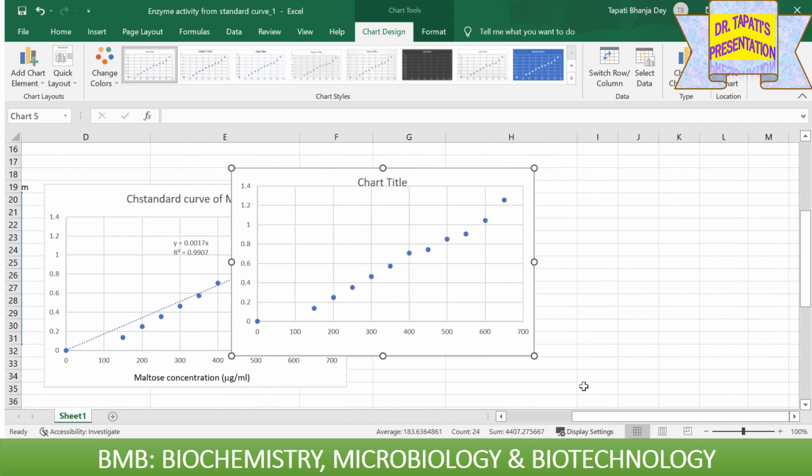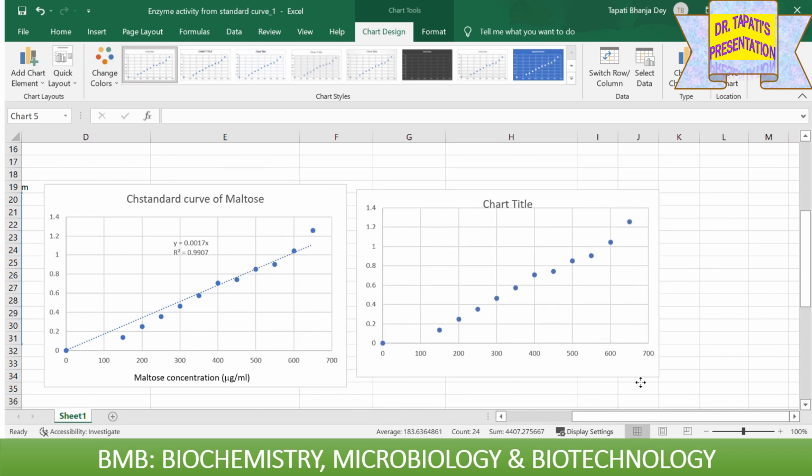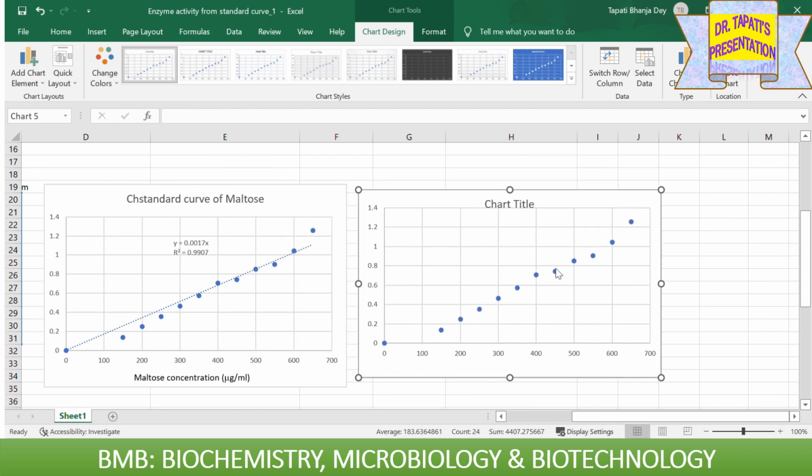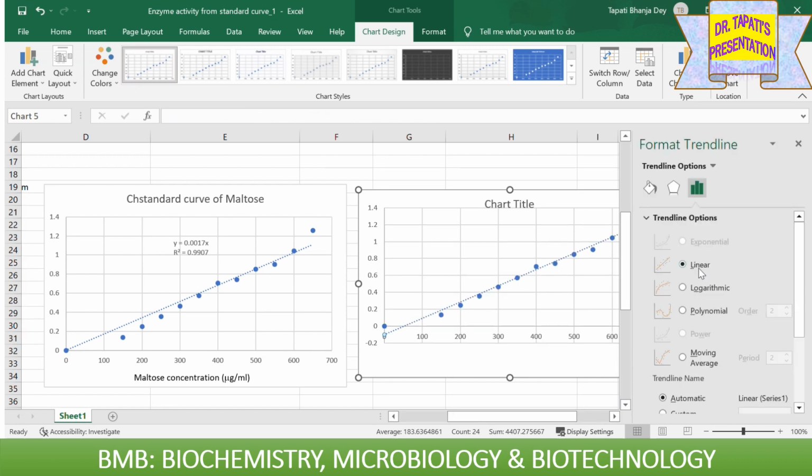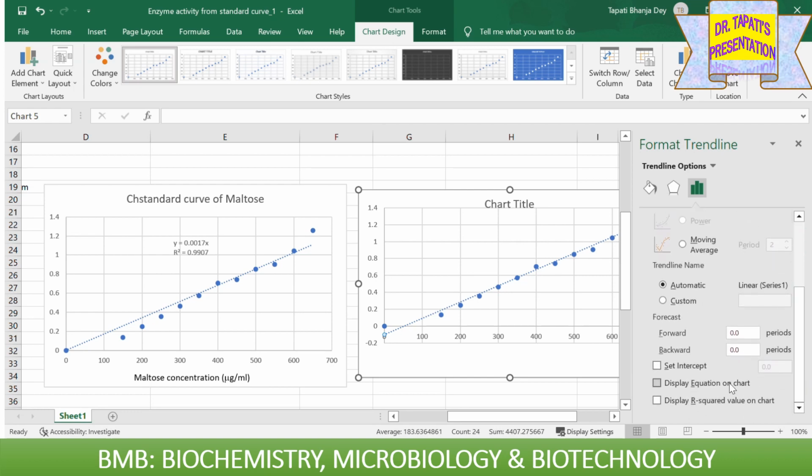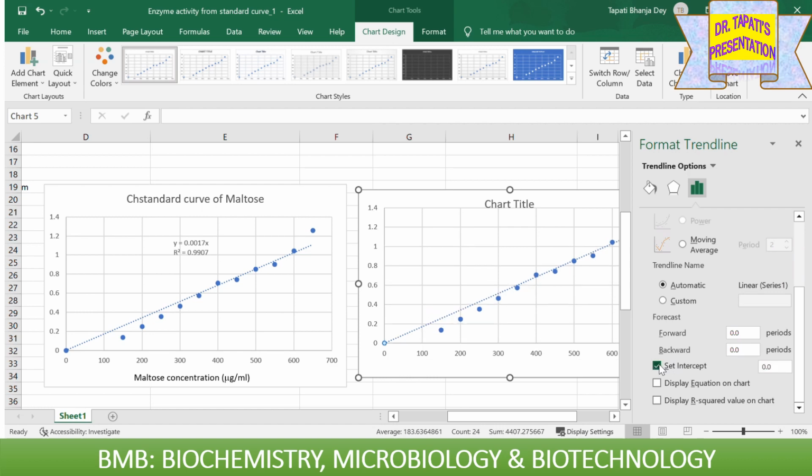Then we will get this type of graph, and then we have to make a trend line, add trend line here. This is linear, we need a linear plot, and in order to get an easy equation, we are intercepting it through 0, and we need the equation for this trend line, and therefore we have selected these 3 boxes.